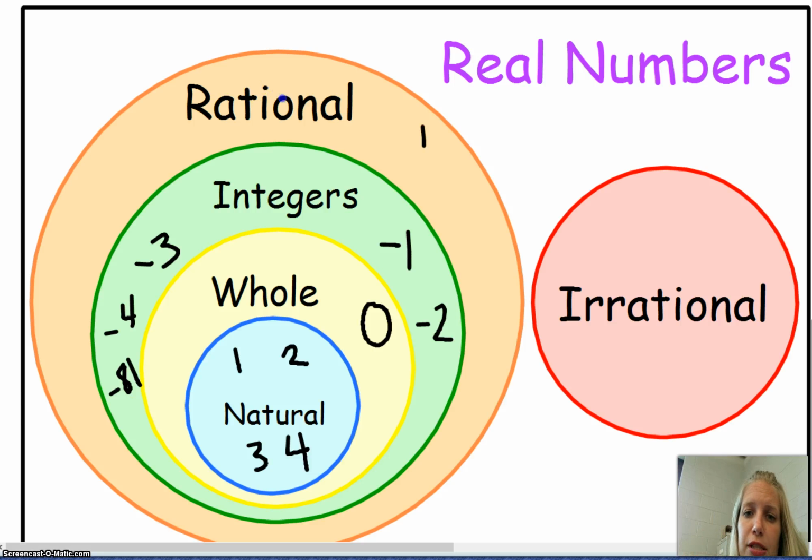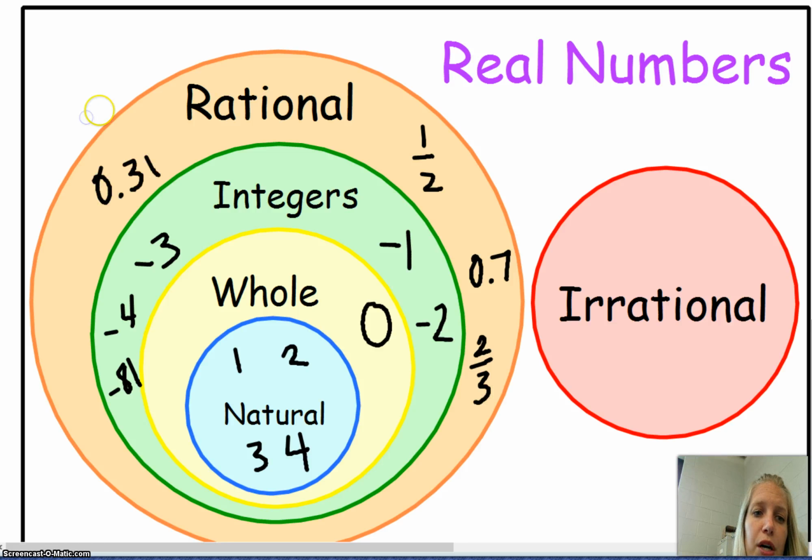Rational numbers are fractions or decimals. They may repeat, like 2/3 is 0.6 repeating, or 0.31 repeating. Irrational are the ones that go on forever, but they don't repeat, so you cannot put a bar.